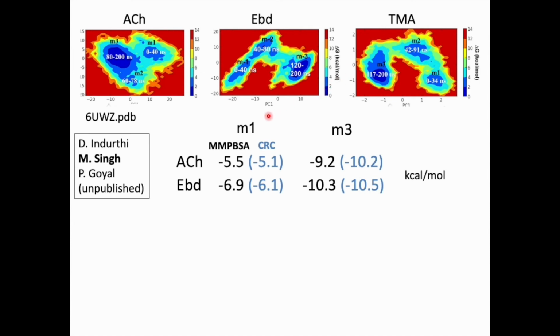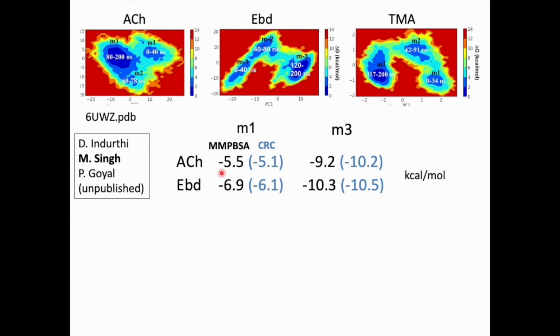So we took M1 and M3 frames and calculated MMPBSA energies, including enthalpy and entropy calculations, to get a free energy estimate of binding of ACh and epibatidine to M1 and M3.